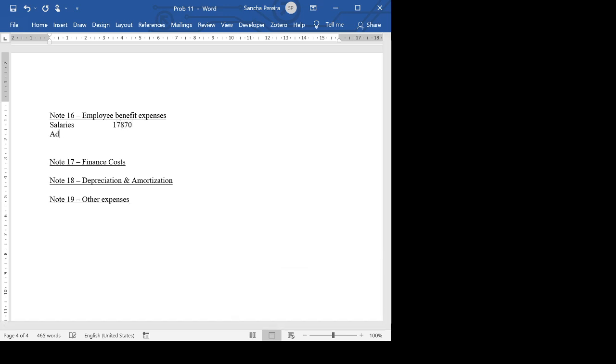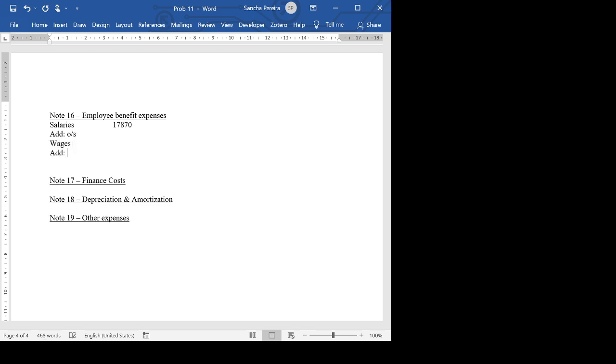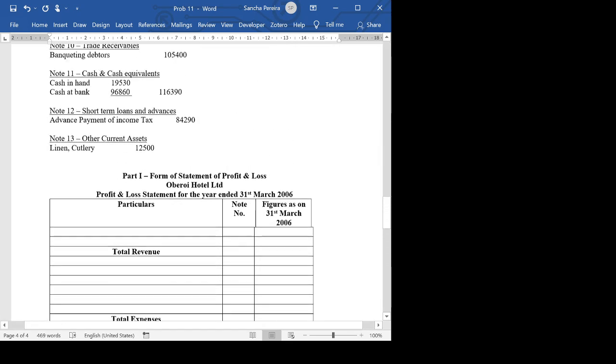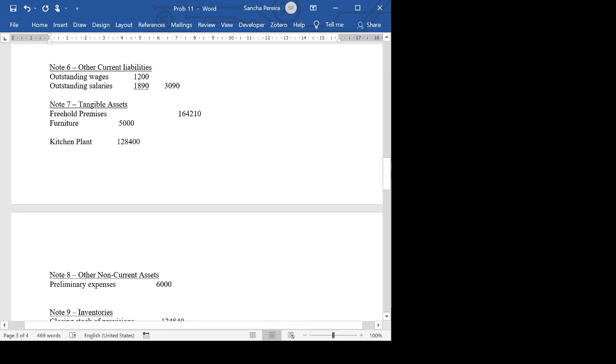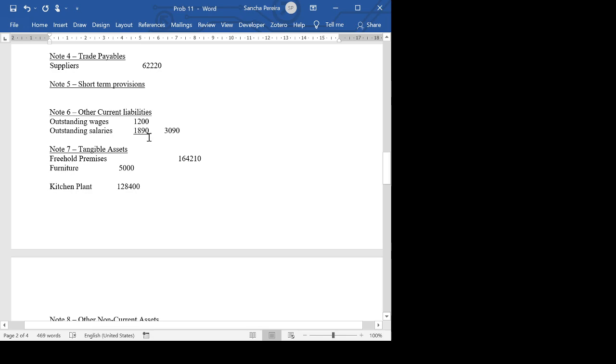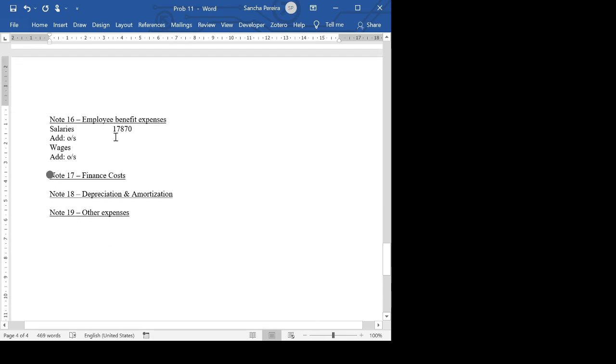We have to add the outstanding, and we also have wages and the outstanding. Outstanding salaries we already have mentioned somewhere here. Yeah. Outstanding salaries is 1890.